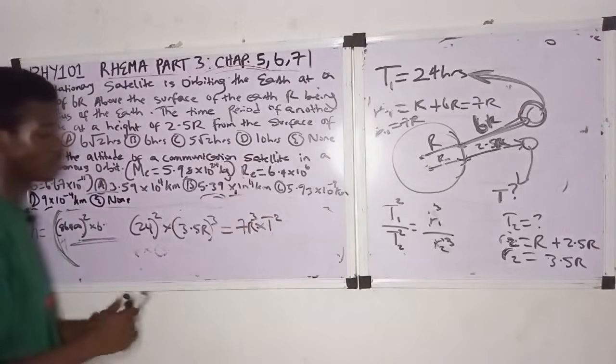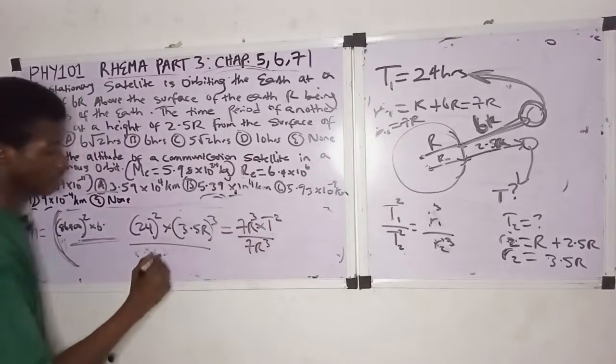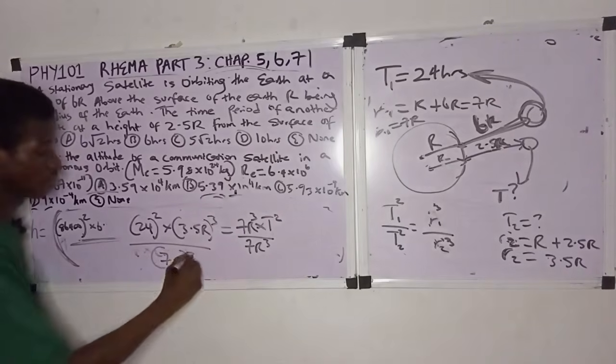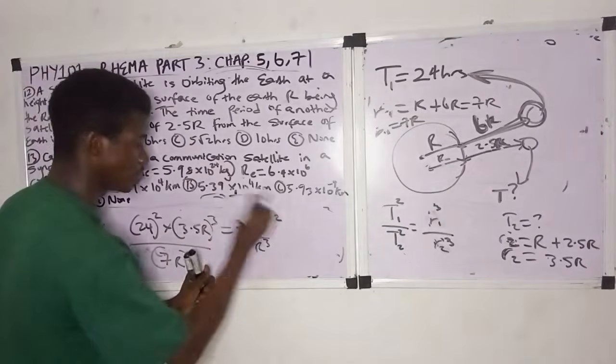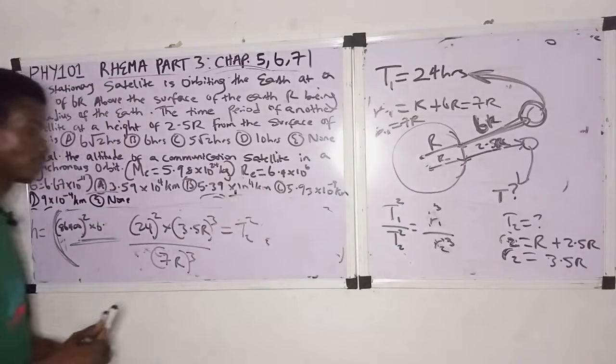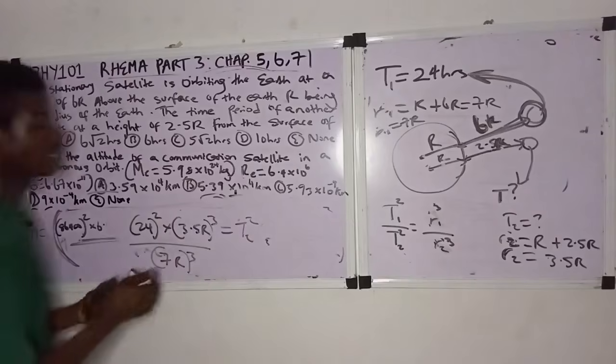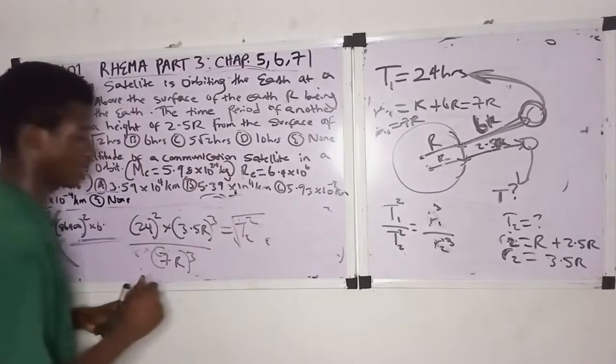We're looking for T2, so divide both sides by (7R) cubed. So T2 squared is equal to this. Since I'm looking for T, we take the square root of both sides.